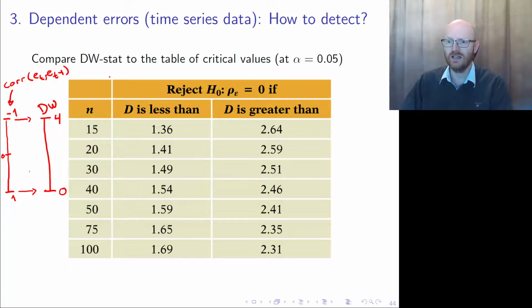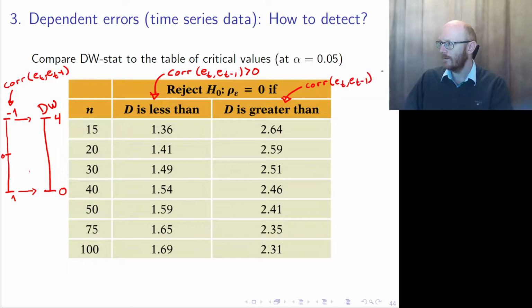What you can say is that if the Durbin-Watson statistic is less than this critical value, then you have a correlation of the errors which is positive, and if the Durbin-Watson statistic is greater than this critical value, then you have a correlation of the errors, an autocorrelation, which is negative.